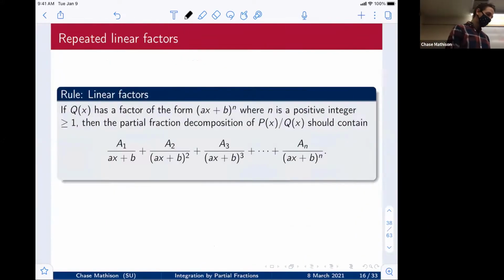So here's the general rule. If you have repeated linear factors, if q of x factors into something that has an ax plus b to the n, then the partial fraction decomposition should contain terms that look like this: A1 over ax plus b plus A2 over ax plus b squared, and so on, all the way up to An over ax plus b to the n.